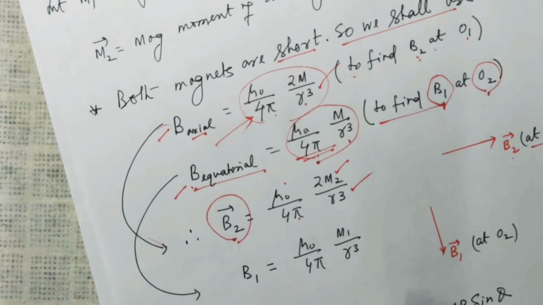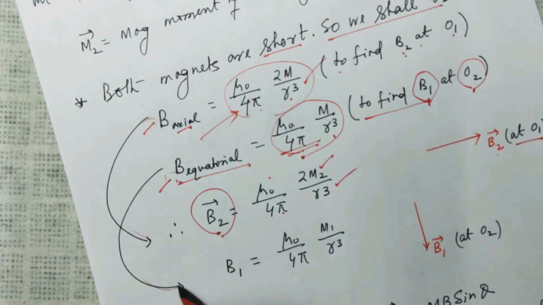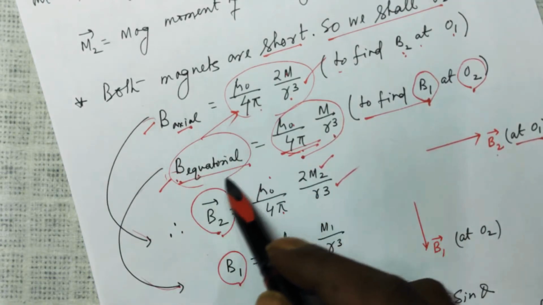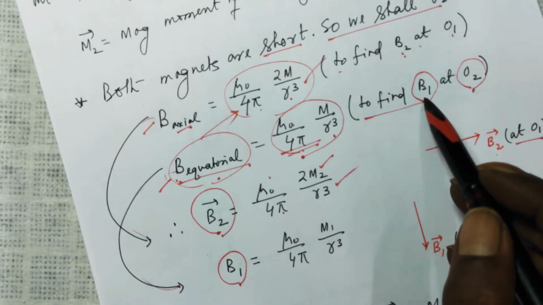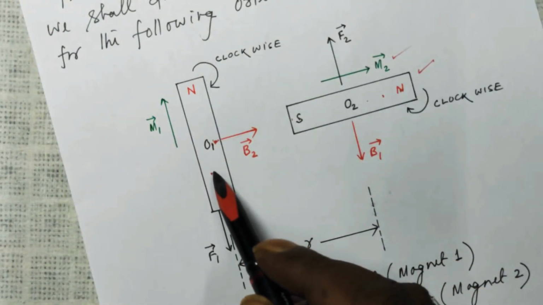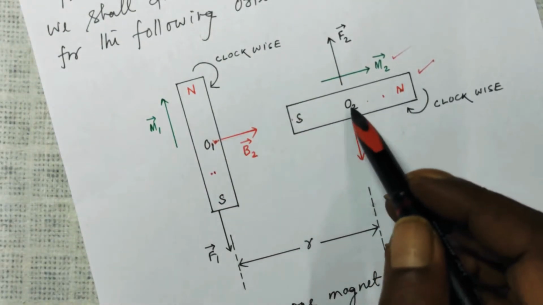Similarly, now from the equatorial formula, B1 is mu0 over 4 pi. For which purpose are we finding this? To find B1, that is, the magnetic field due to the first short bar magnet at point O2.